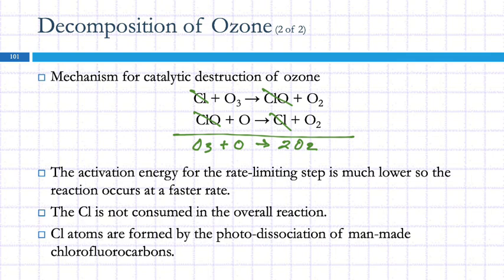And so they're hydrocarbons that have chlorine and fluorine atoms on them. And when these get into the atmosphere, the light from the sun can cause them to decompose, releasing chlorine and fluorine atoms. And the chlorine atoms then can catalyze the destruction of ozone.